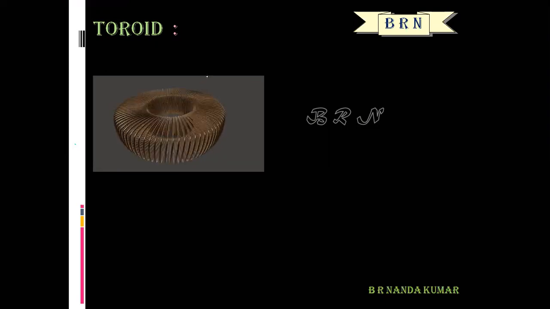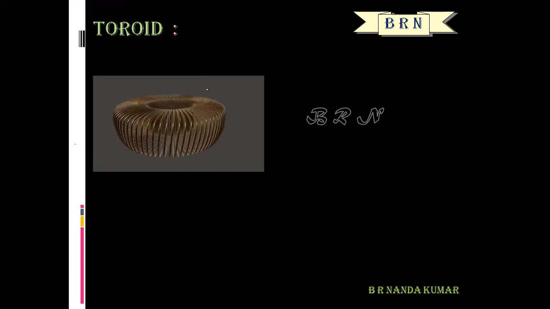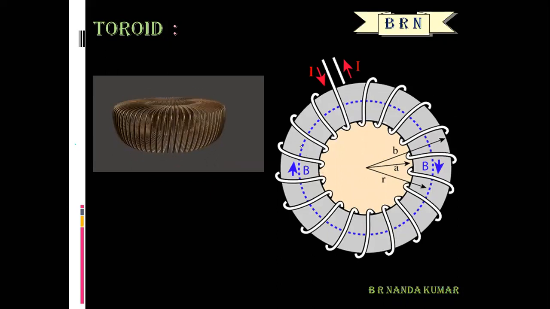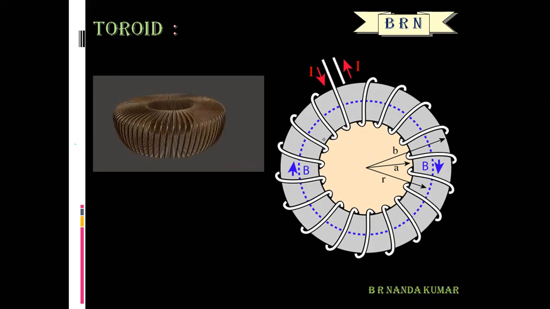A current carrying solenoid that is bent in the form of a ring is called a toroidal solenoid, or simply called a toroid. So what is this? A toroidal solenoid.